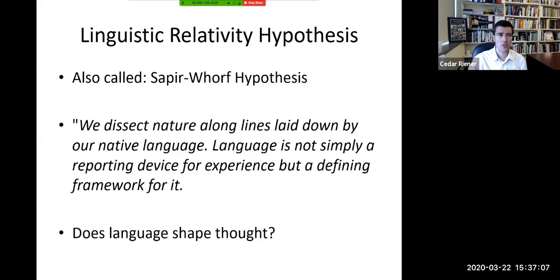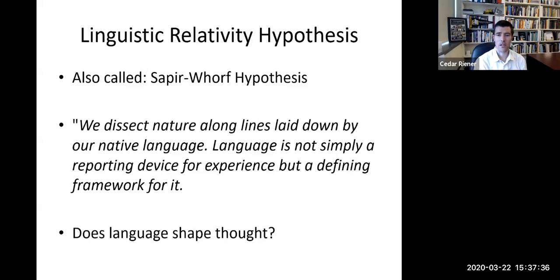The original research was wondering whether the words that people had for different colors in their native language shaped what colors they saw. And that research has gone up until the modern day, and it seems like it does a little bit. So some languages are more likely to have many different words at the boundaries of blue and green.